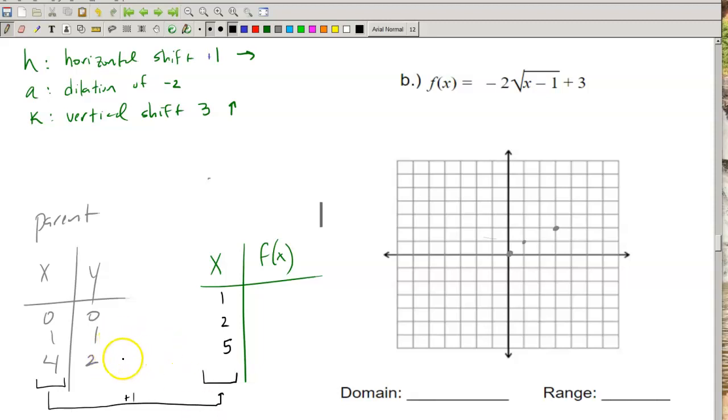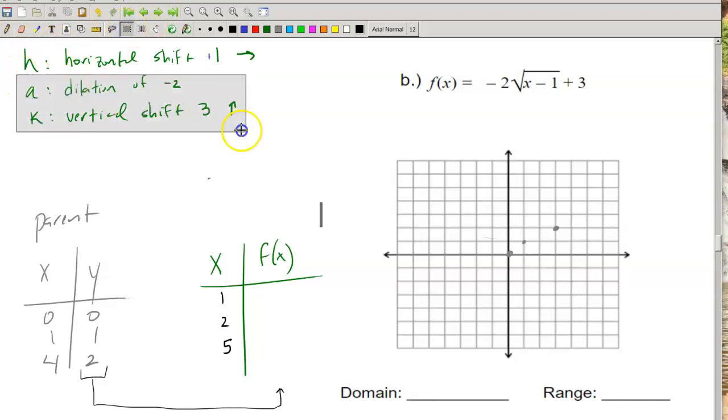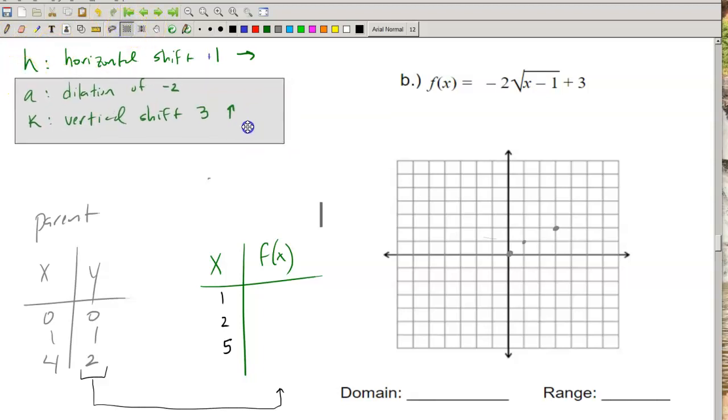Okay. Well, now think about the y values. What's happening to the y values? I'm going to go ahead and erase this. Right, the y values. What are we doing from one to the other? Okay. Well, there's two things that we're doing with the y values, and that's the a and the k value. We are multiplying the y values by -2 because that's the a value.